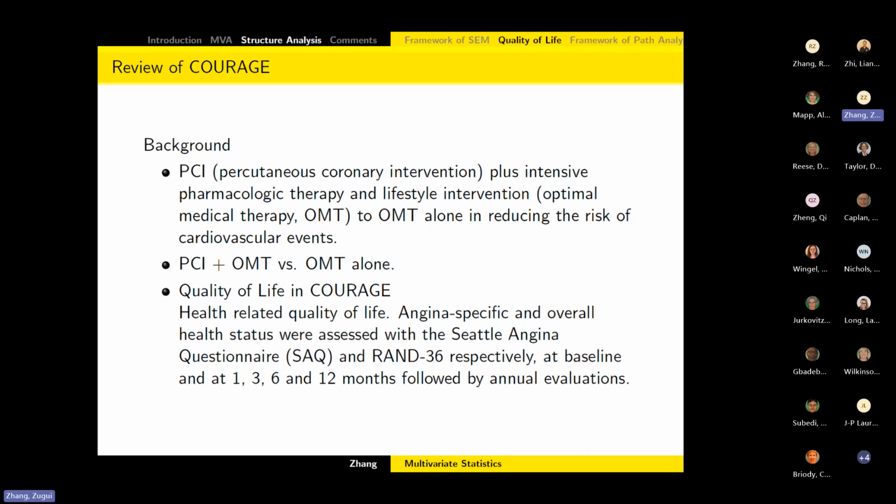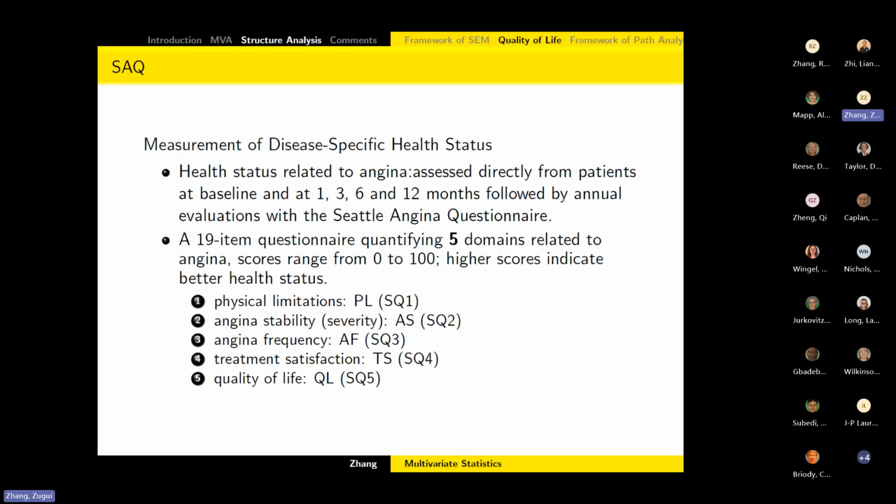For the multivariate analysis, we are working on the quality of life data in COURAGE. As I just mentioned, we used the Seattle Angina Questionnaire, called SAQ, to measure disease-specific, angina-specific quality of life. And we also use the RAND statistics for the overall health-related quality of life.